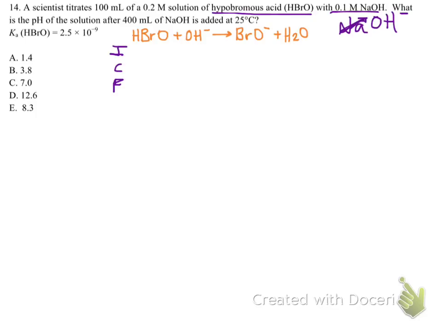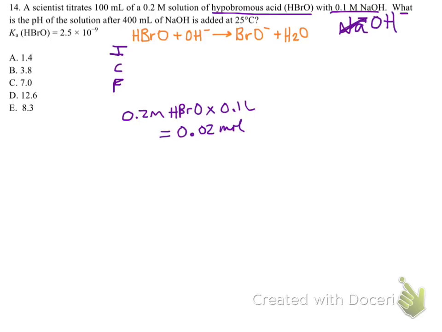And remember, the key difference with ICF tables from ICE tables is that ICF tables use moles. So first we want to find the amount of HBrO. It's going to be 0.2 molar HBrO times 0.1 liters to give us a total of 0.02 moles of that. We'll do the same thing for the sodium hydroxide.